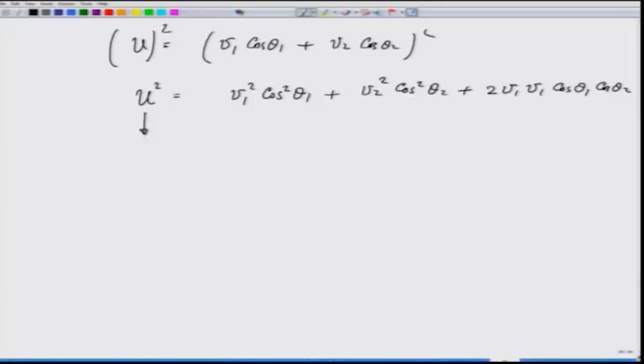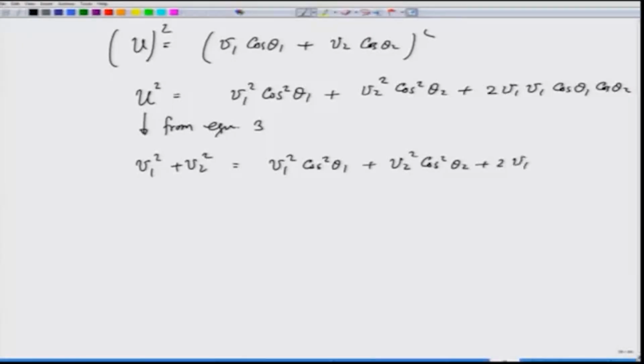But u square from equation 3 I already know is v1 square plus v2 square, because it is an elastic collision. This comes out to be v1 square cosine square theta 1 plus v2 square cosine square theta 2 plus 2 V1 V2 cosine theta 1 cosine theta 2.